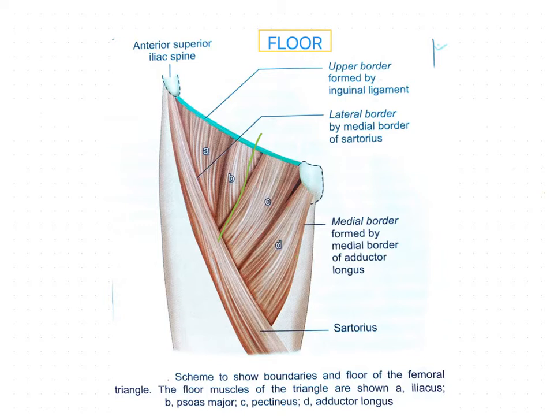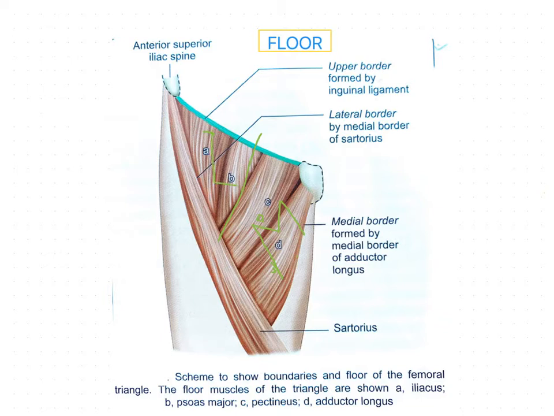The muscles related on the medial aspect are the adductor longus muscle and the pectineus muscle. These 2 muscles are related on the medial aspect of the floor of the femoral triangle. On the lateral aspect we can see iliacus and psoas major.